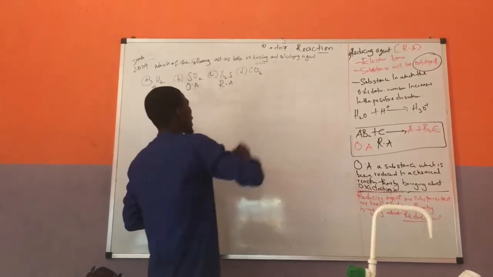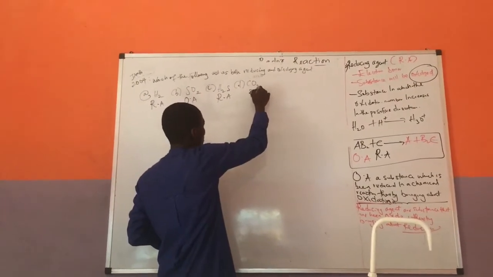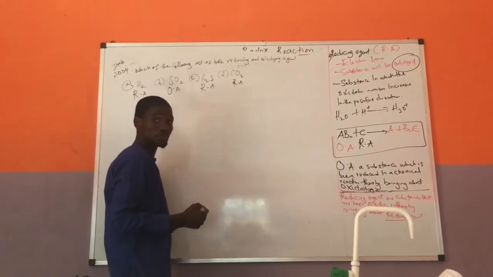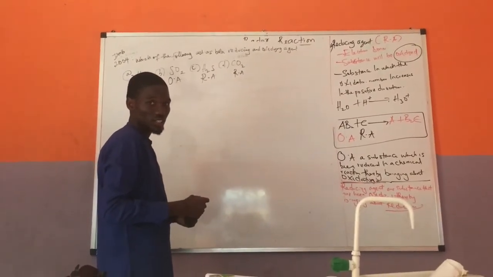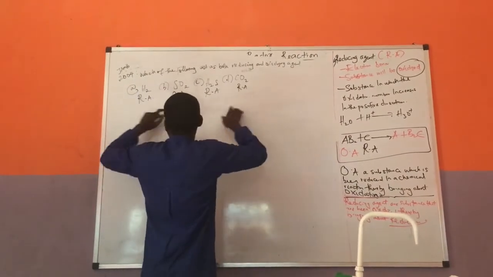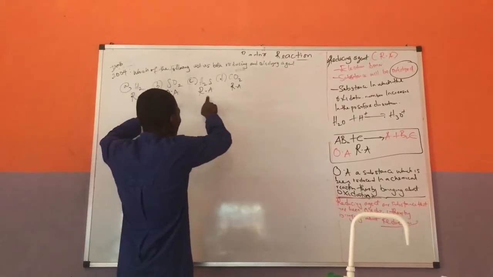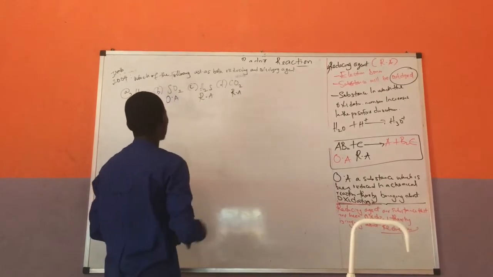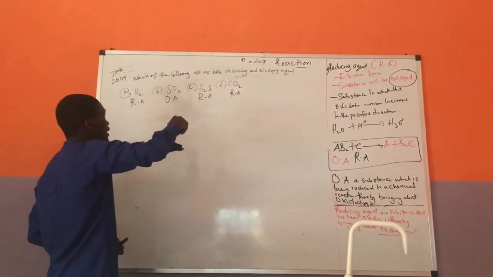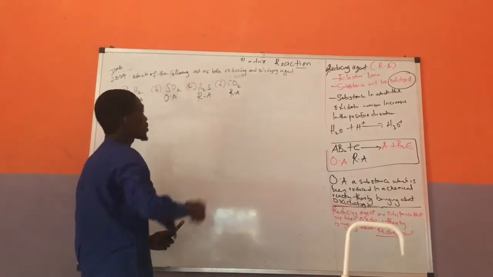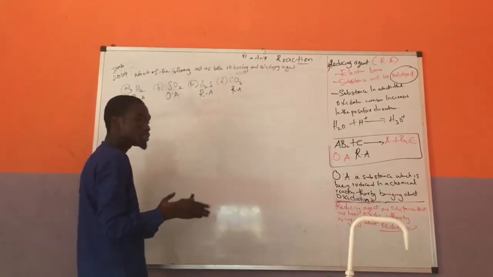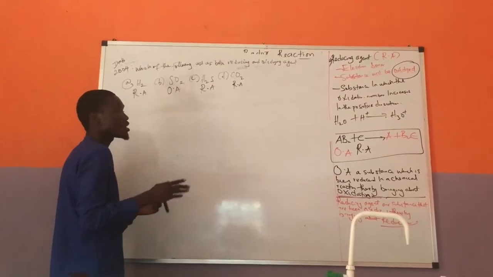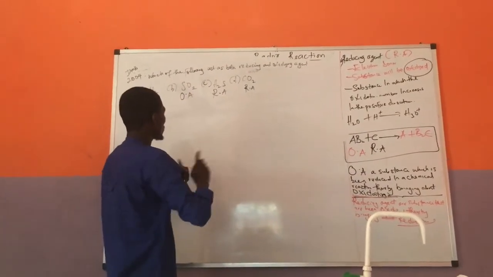So here, this is a reducing agent at one end. So now, we have reducing agent, oxidizing agent, reducing agent, and also reducing agent. But the question is, which of the following acts as both reducing and oxidizing agents? The only ones that can act as both, we have two.